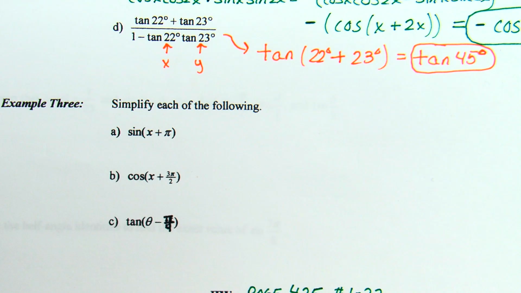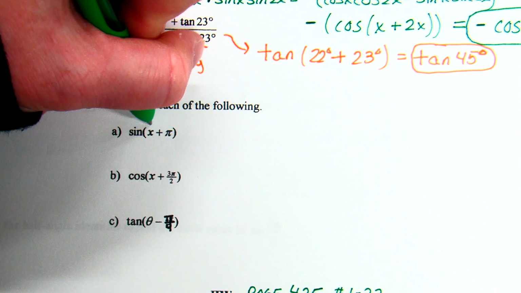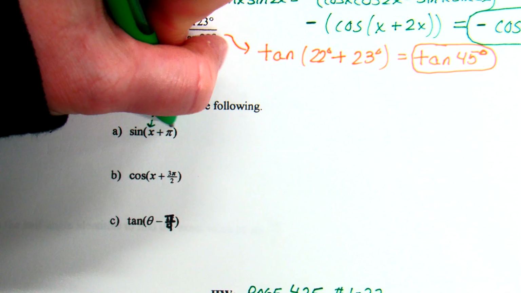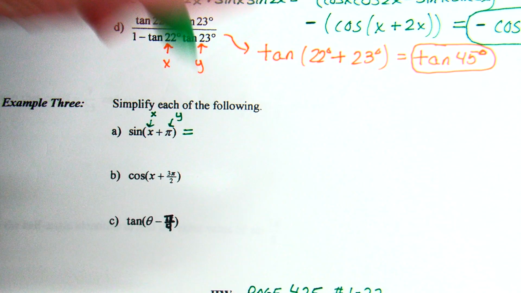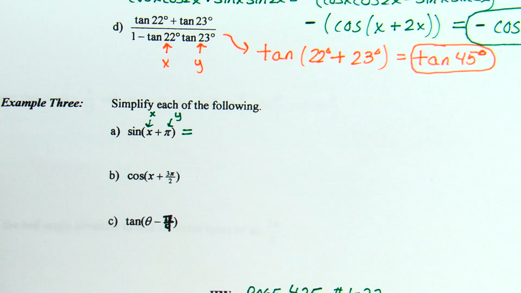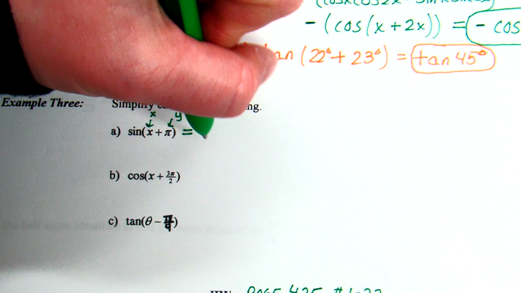So think of this as the form sine of x plus y. So x is x, which is helpful, and y is going to be pi. Write this out like what we would have done on example 1. When you look at the sine identity, it says to do what? Sine x, cosine y.